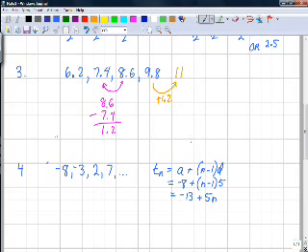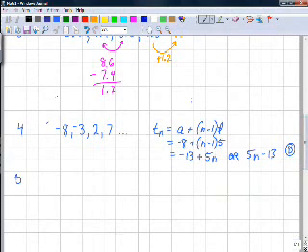For number 4, it gives you a sequence. They're asking you to find the expression for the nth term. Well, the nth term is that Tn formula, that good old friend that solves all your problems for you.